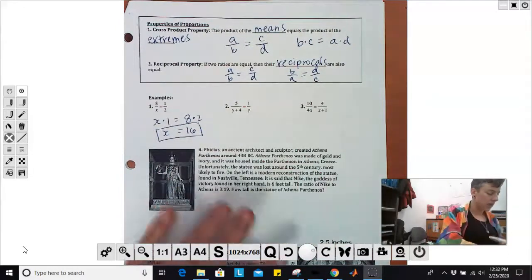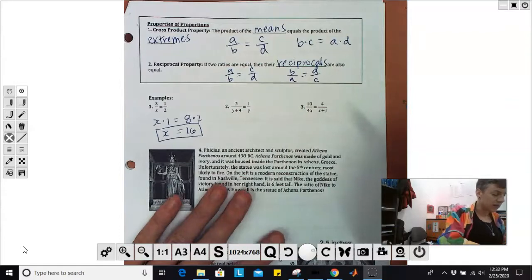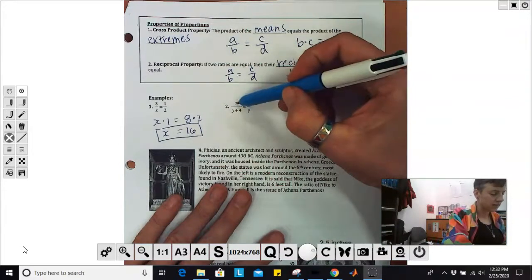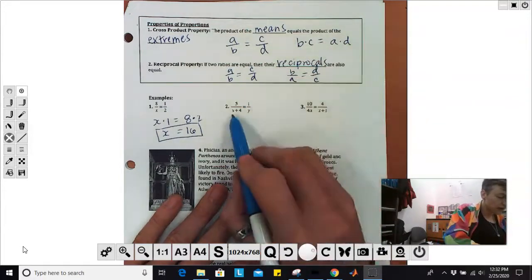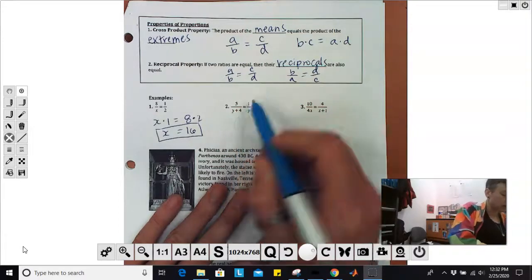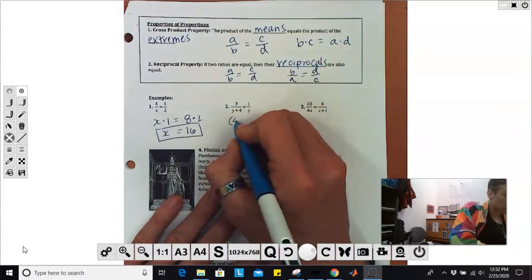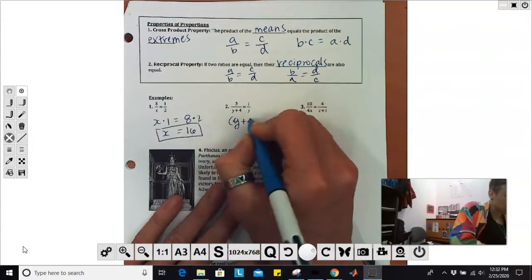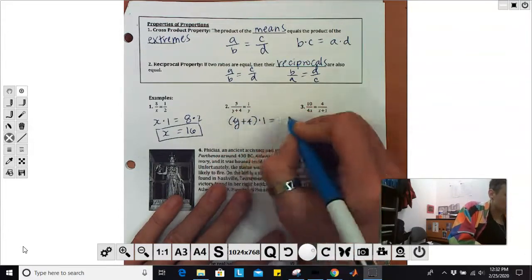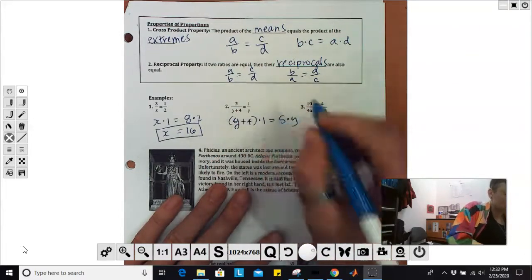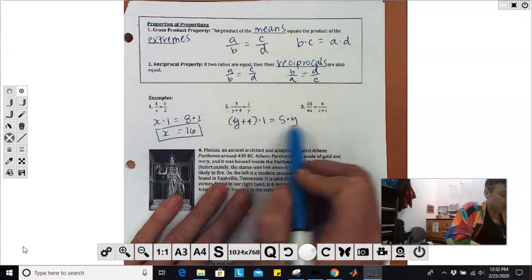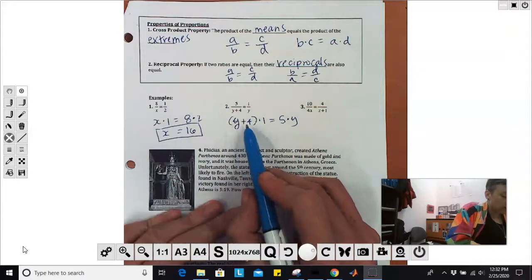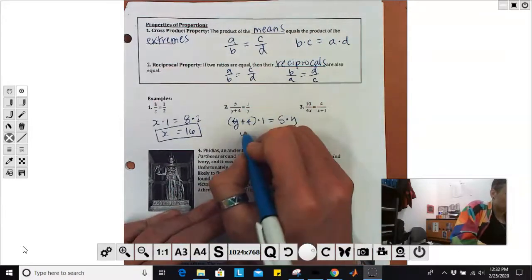Okay, cool. Number 2, same idea. The product of the means, y plus 4 times 1 equals 5 times y. Our means times our extremes. Well, y plus 4 times 1 is just y plus 4.